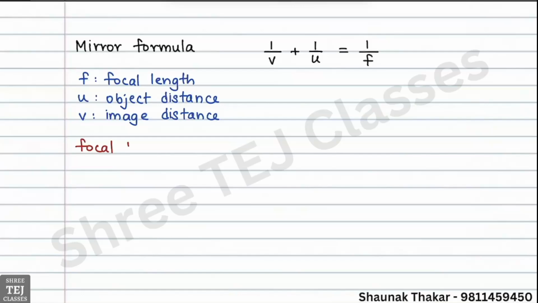So focal length of concave mirror is negative. Now what about convex mirror? Here focus is behind the mirror. So the focal length will be positive.